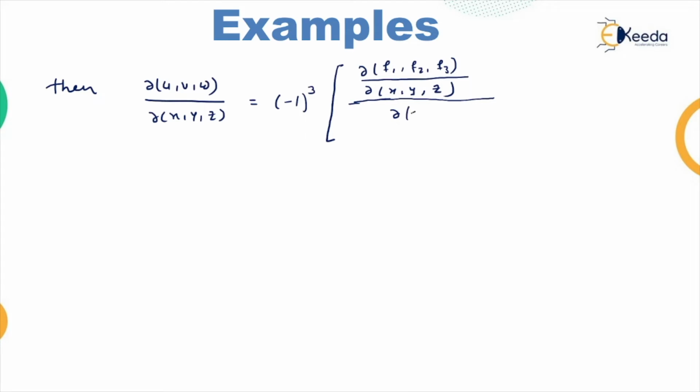So let's see, ∂(f1,f2,f3) divided by ∂(u,v,w). This is the Jacobian for three variables, I hope you understand.